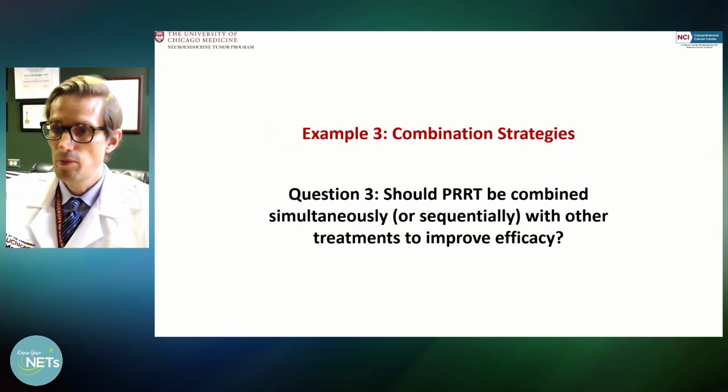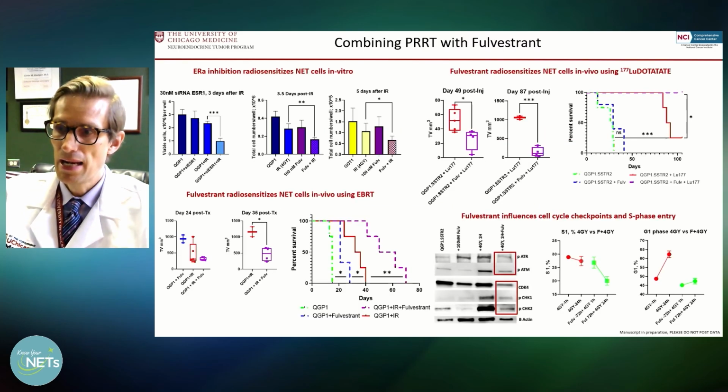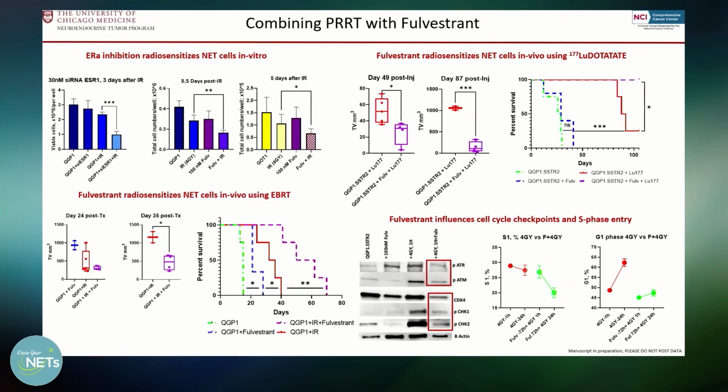So the question here would be, should PRRT be combined simultaneously or sequentially with other treatments to improve efficacy? And here again, my laboratory has determined that a certain drug that's used for breast cancer, it's not a chemotherapy regimen, but actually a hormone blocker, can radiosensitize neuroendocrine tumors.